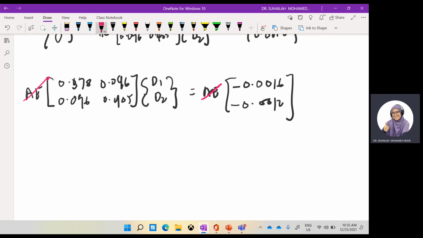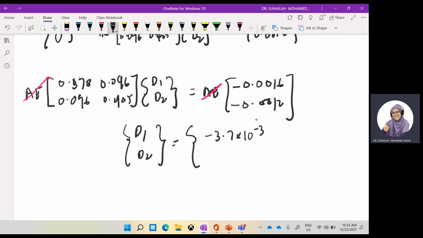So we get D1 and D2 equal to negative 3.7 times 10 to the negative 3 and negative 2.1 times 10 to the negative 3 as well. Okay, so this is in meter.